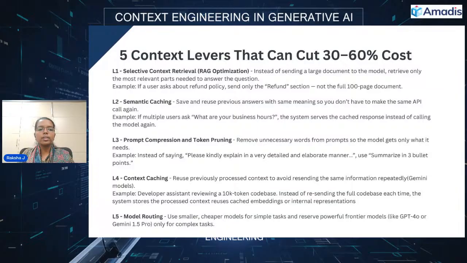So model routing works like this: if the user asks a very small question that GPT-4o can reply to, the system just puts the prompt into the GPT-4o model. For summarization we could use a mid-tier model.